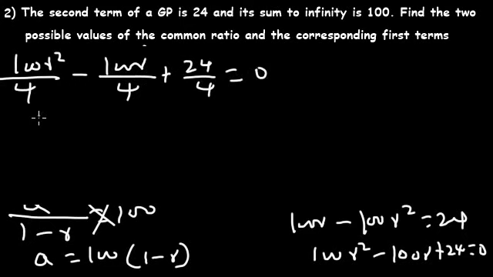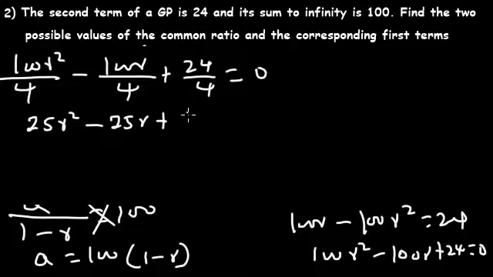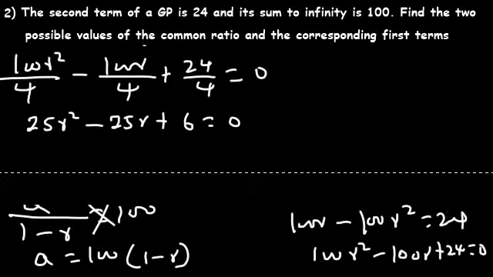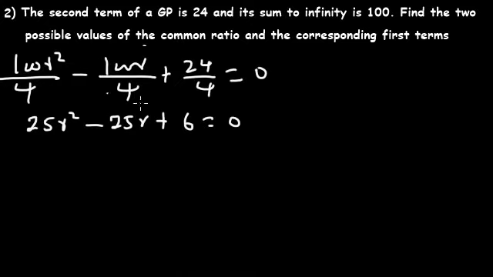So 100 divided by 4 gives us 25r squared minus, the same thing applies here, 25r, plus 24 divided by 4, that will give us 6, equals 0. Perfect. Now let's factorize.